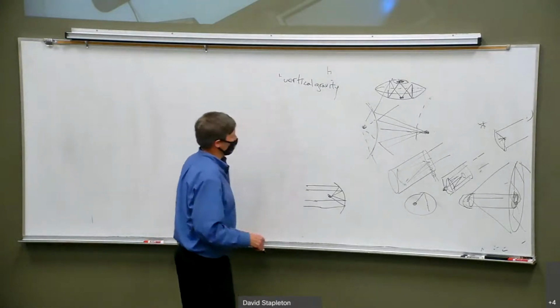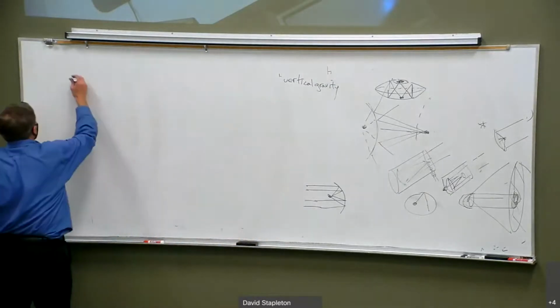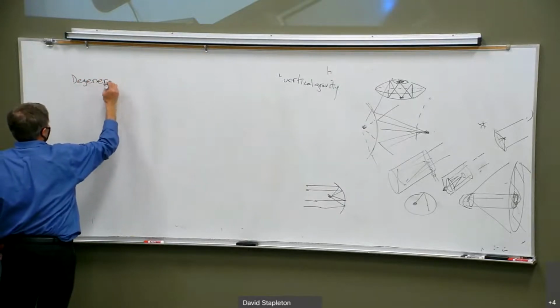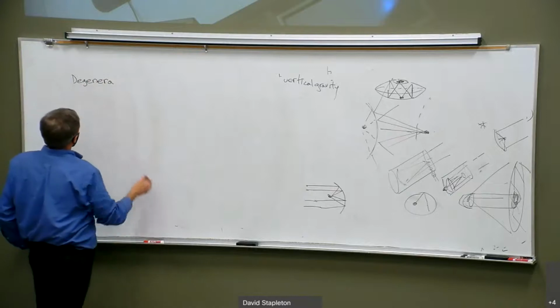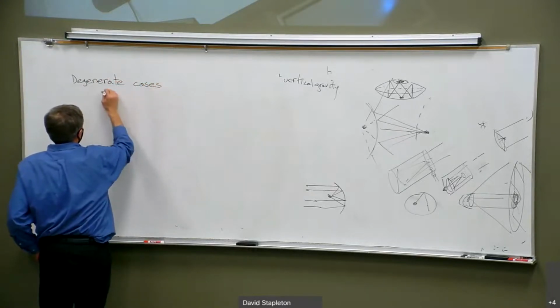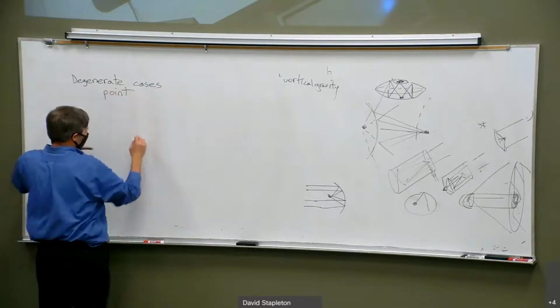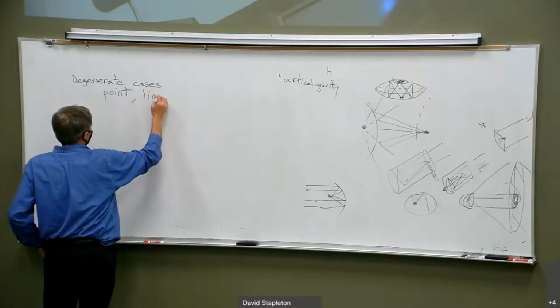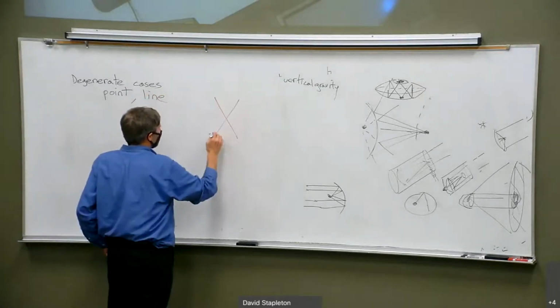And I should mention a couple other things too. There are also degenerate cases. There are 4 conic sections: the ellipse, the circle, the parabola, and the hyperbola. And then there are degenerate cases. You can get a point, right? You can intersect the cone right through the middle there and make just a point of intersection. You can make a line by intersecting it down along the edge, right? Here's the cone.